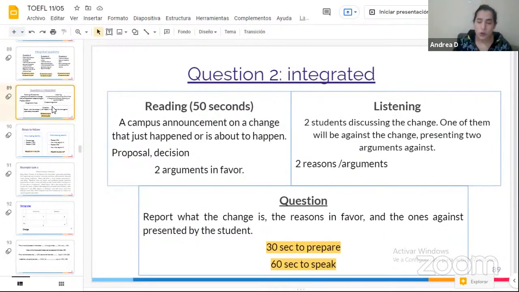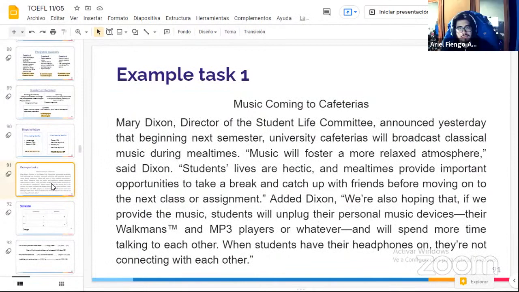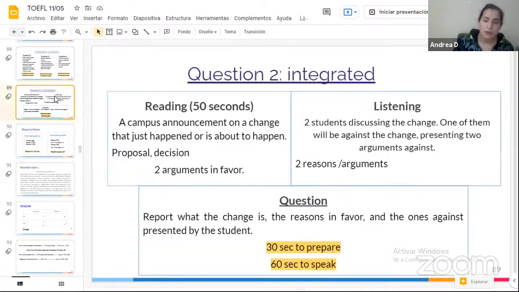So how does this work, if you're wondering? In this question, you will first have to read a short text, not that long, as you can see. You will be given 50 seconds to read the text. After that, you will listen to a short conversation between 2 people.